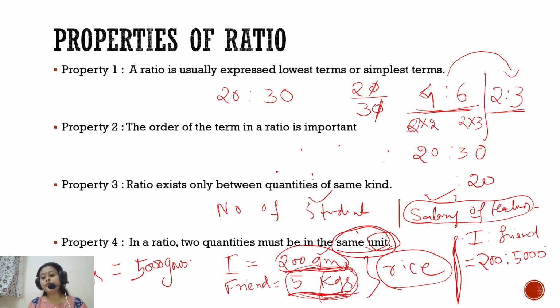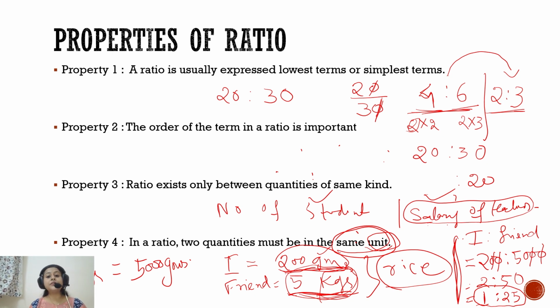If we further simplify it, we will have 2 is to 50, which we can further divide by their greatest common divisor, which is 2. Then we'll get 1 is to 25. So 1 is to 25 is the ratio of rice purchased by me and my friend, right?